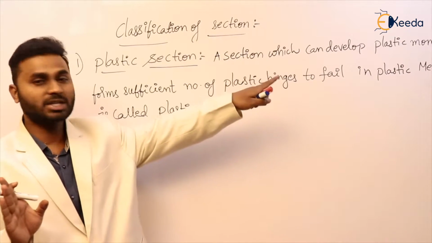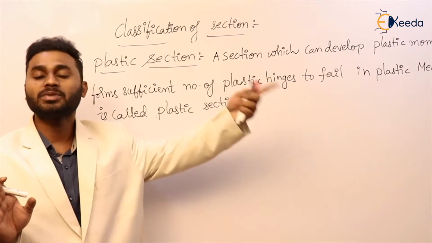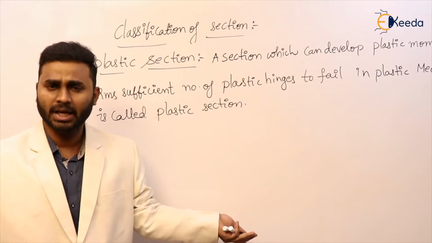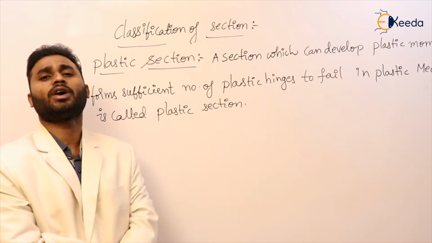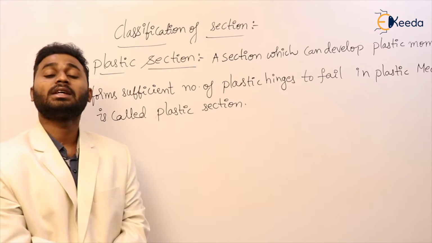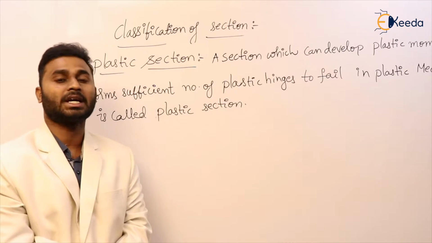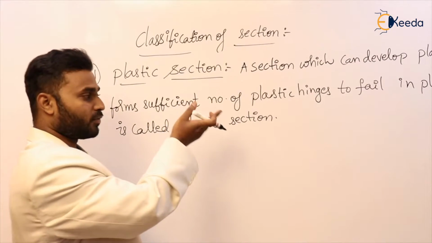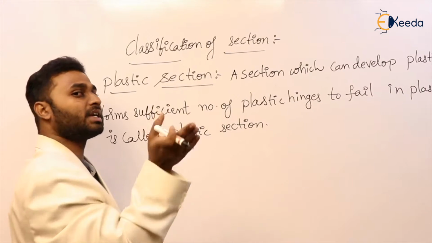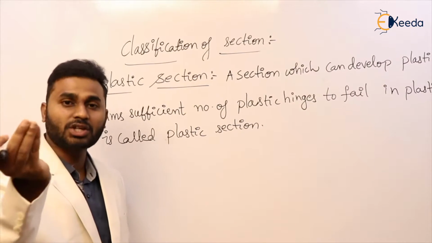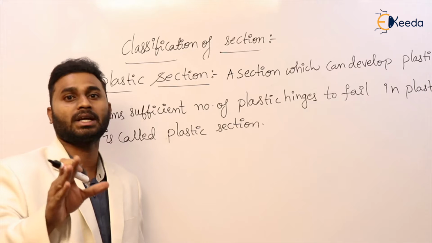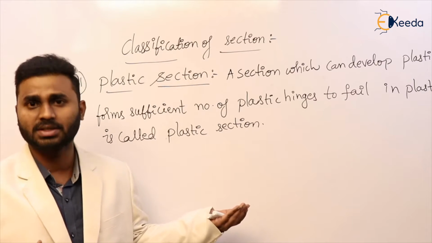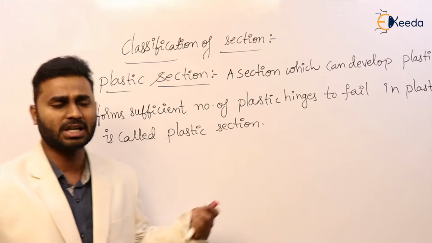First they develop plastic moment carrying capacity, then they form the sufficient number of plastic hinges, and ultimately they fail by forming a mechanism. Agree or not? So the sections we are going to use and design in plastic analysis are known as plastic sections, simply. Clear? This is the first classification.